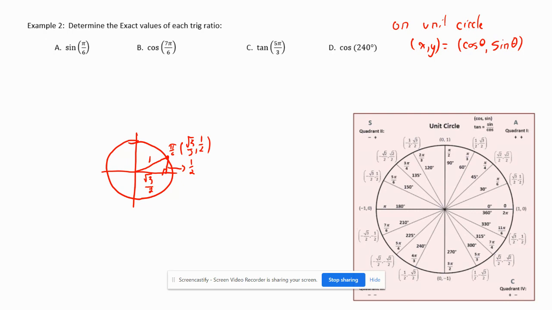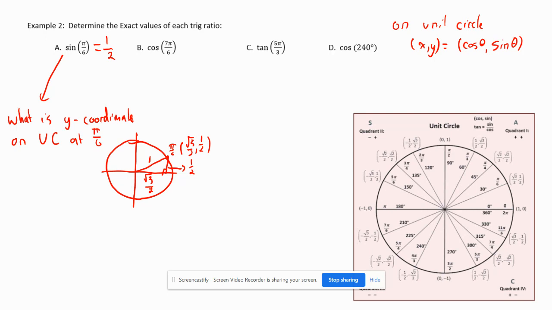So we're asking for sine pi over 6. What this is asking us to do is, what is the y-coordinate on the unit circle at pi over 6? Looking at the unit circle on the right, at pi over 6 our y-coordinate is 1/2. So it equals 1/2.